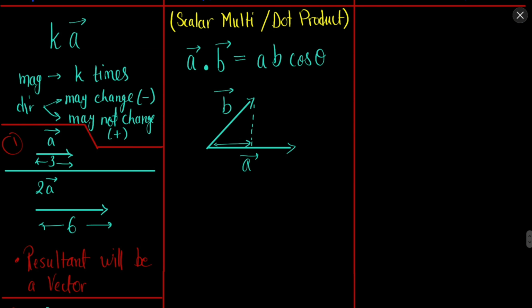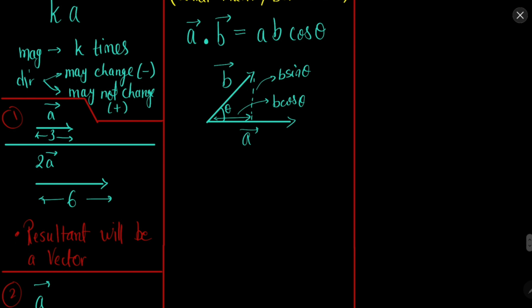So if this is theta, then this will be b cos theta, as we discussed in the previous lecture, and this is b sin theta. So again it is quite simple now. a dot b will be equal to a into b cos theta.